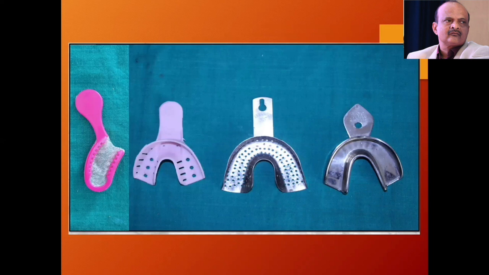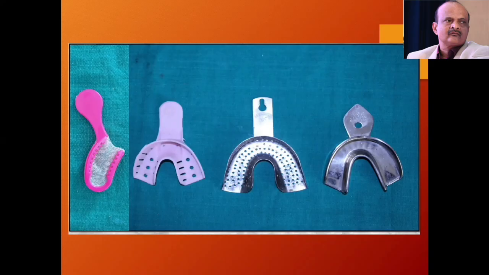The tray can be made of metal or plastic, or the tray may be perforated or non-perforated. Trays may be rim lock or non-rim lock. When comparing metal and plastic, metal should be preferred as the material of choice, as it shows less tendency of flexion.